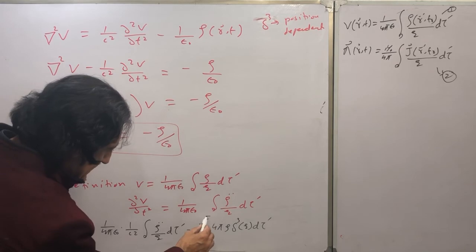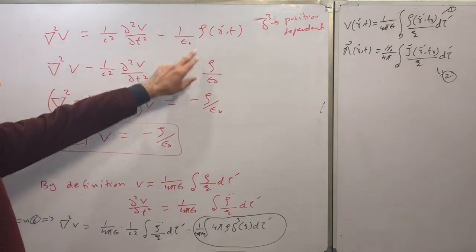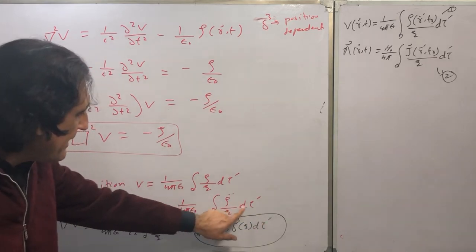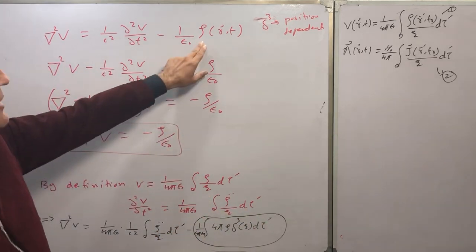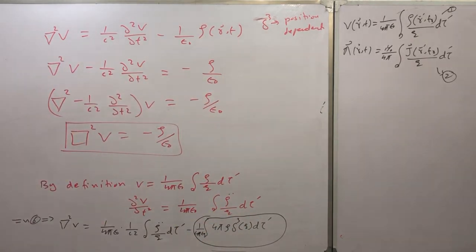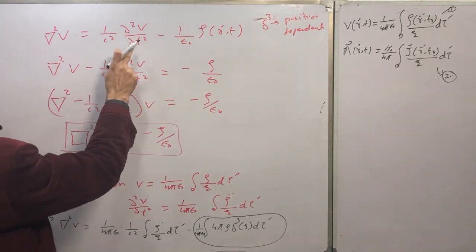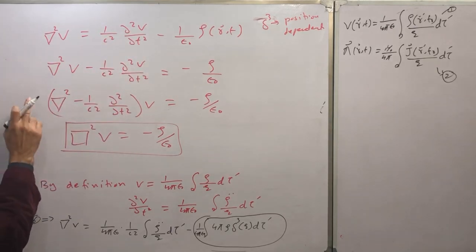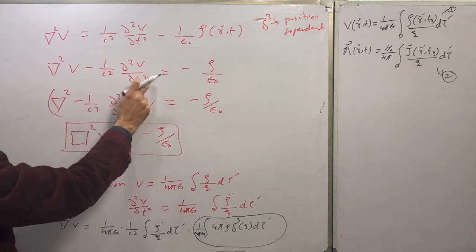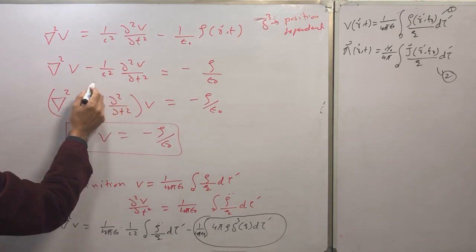This integration depends upon rho. We can take rho outside, and the remaining term is position dependent, so we can write this whole term as rho divided by epsilon naught. So we have this equation, and if we consider this on the left hand side, del square v minus 1 over c square partial square v divided by partial t square is equal to this, and take v common, and we know about this.